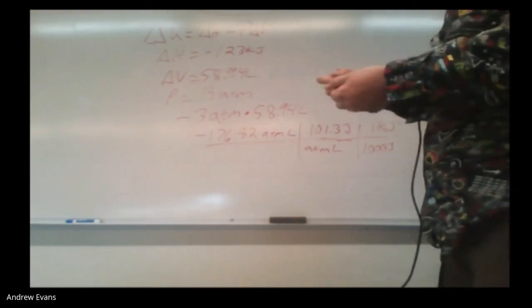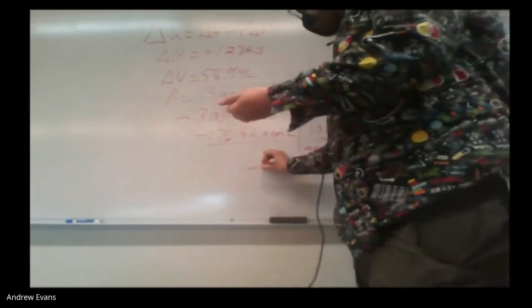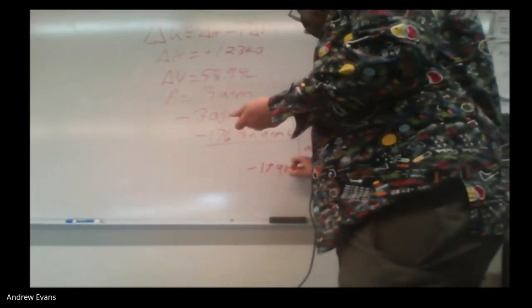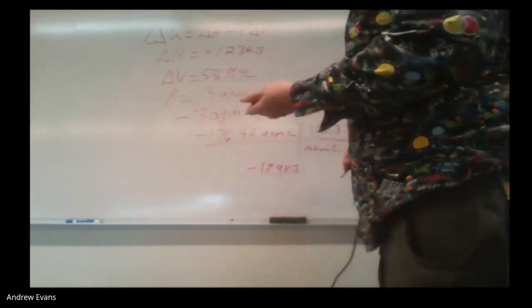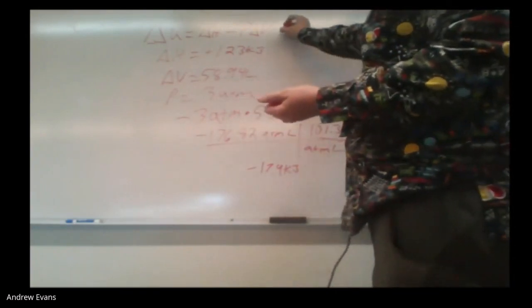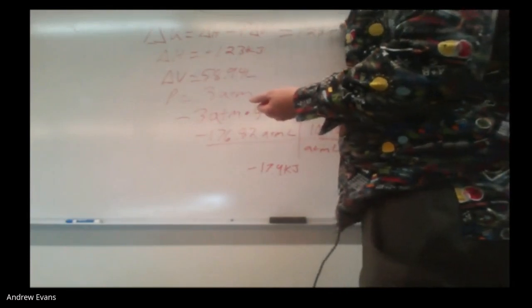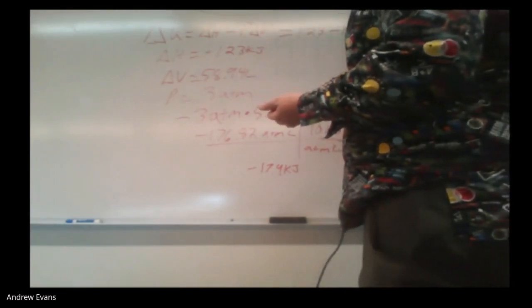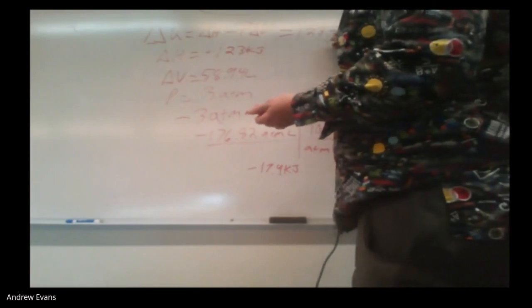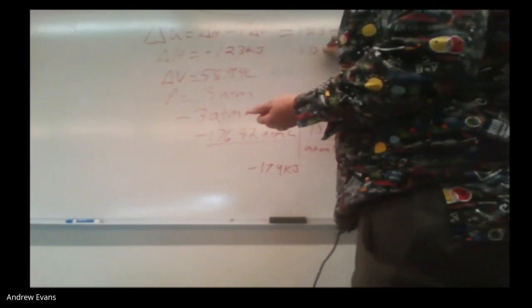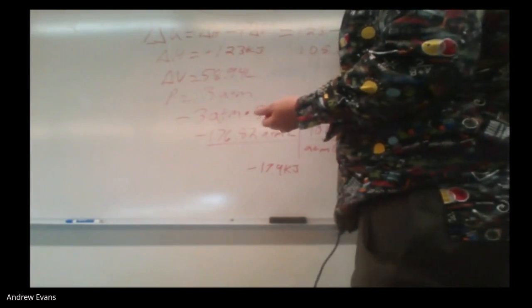So we get the work actually done is negative 17.9 kilojoules. So adding that back in, we have positive 123 minus 17.9. We see a change in internal energy of 105.1 kilojoules.